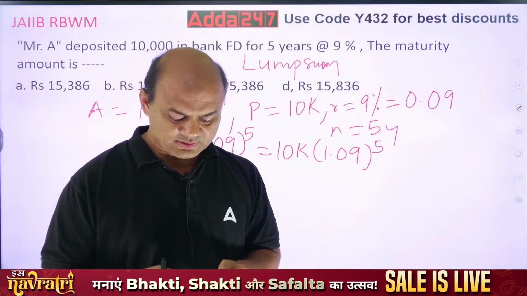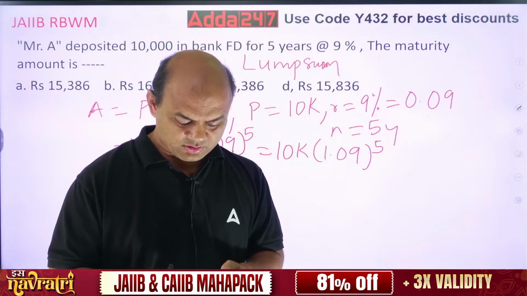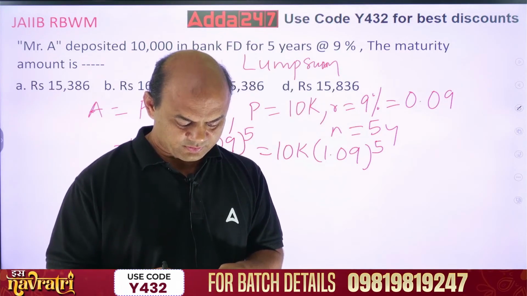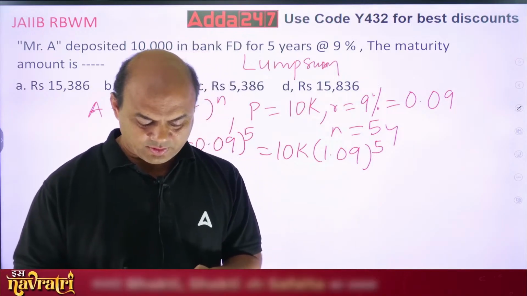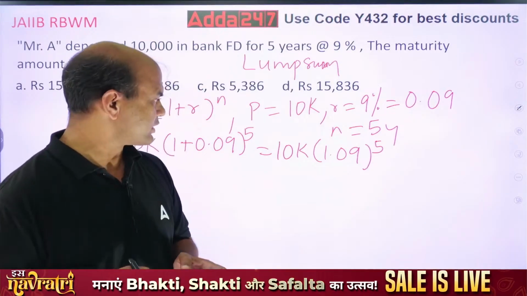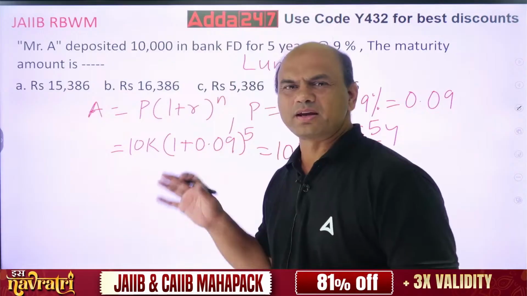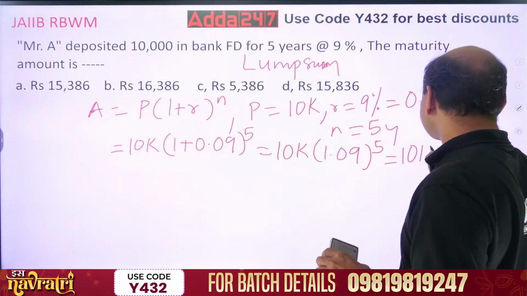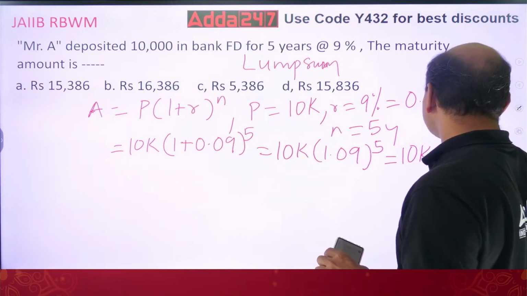So what is the answer? I am getting 1.53 or 54, you can take it. 538 it is, so take it as 1.54. So 10K into 1.54, because you are getting 538.